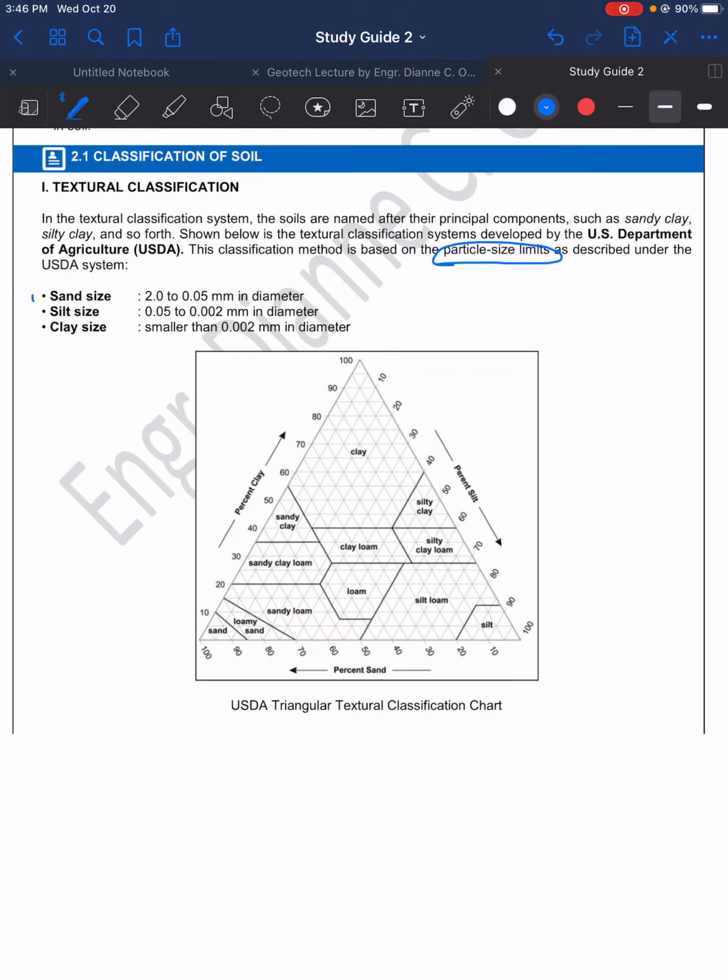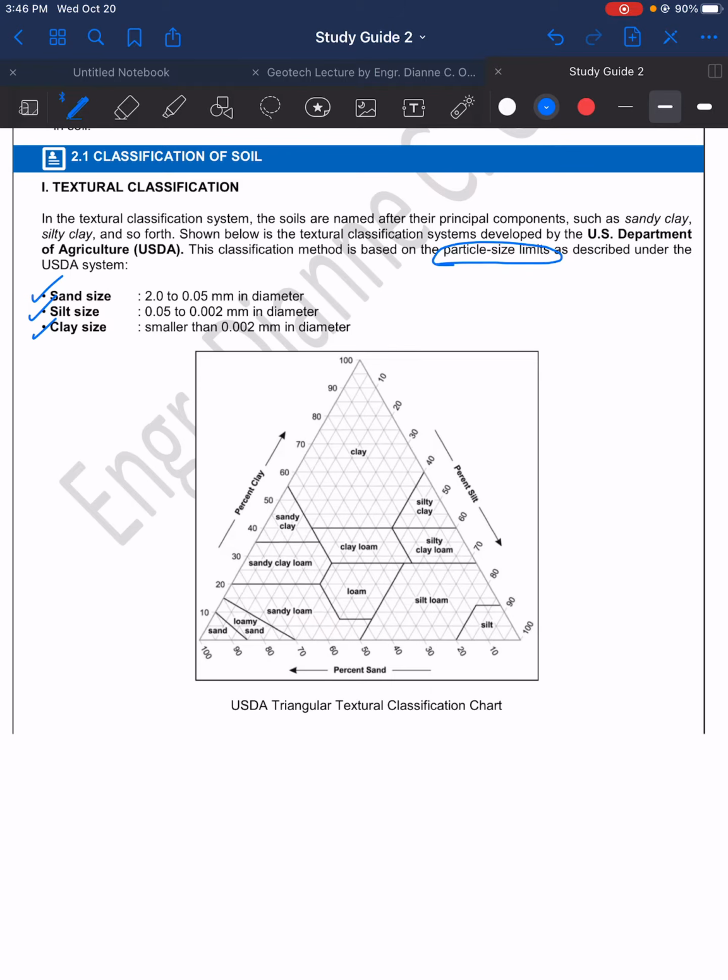For sand size, the diameter is 2.0 to 0.05 millimeter. For silt size, we have 0.05 to 0.002 millimeter in diameter. And for clay size, we have the diameter smaller than 0.002 mm.